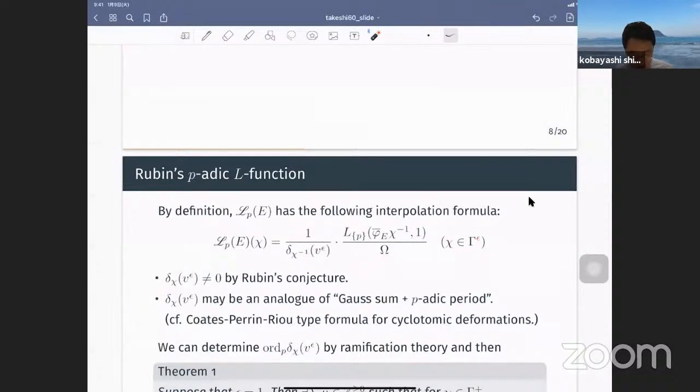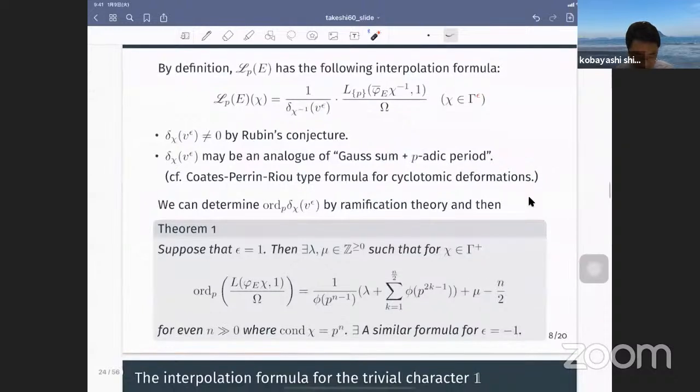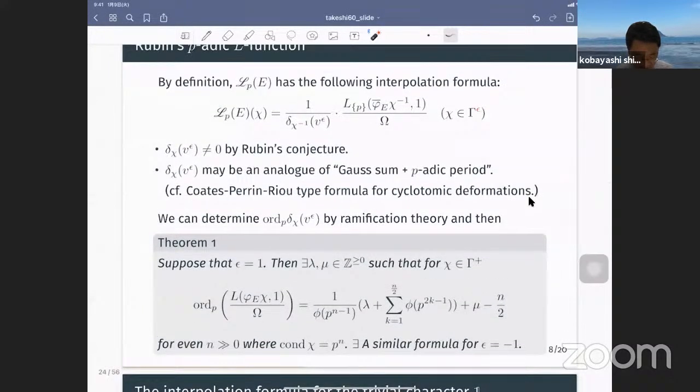And then, as an application, we have an asymptotic formula for the variation of the p-adic L value. So this is an integral object, so the quotient should be an integral object. And we know the variation of delta, so we can determine the variation of the L value.